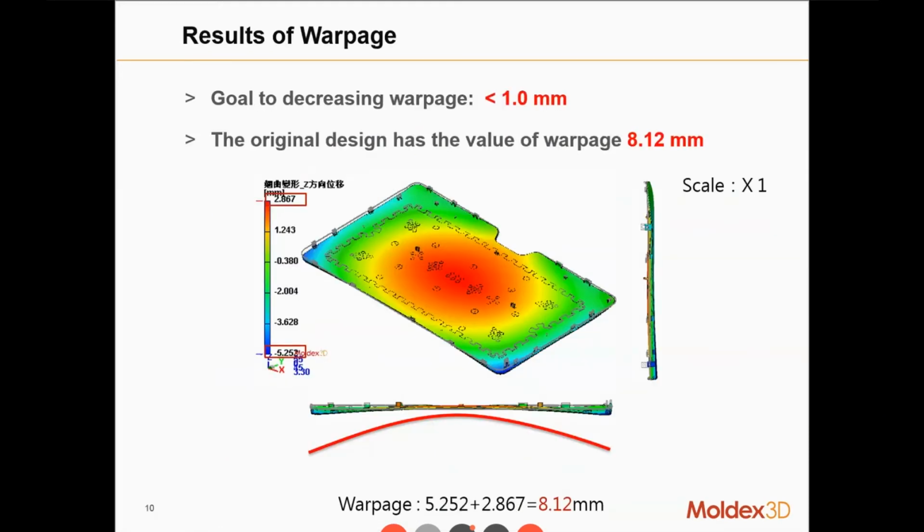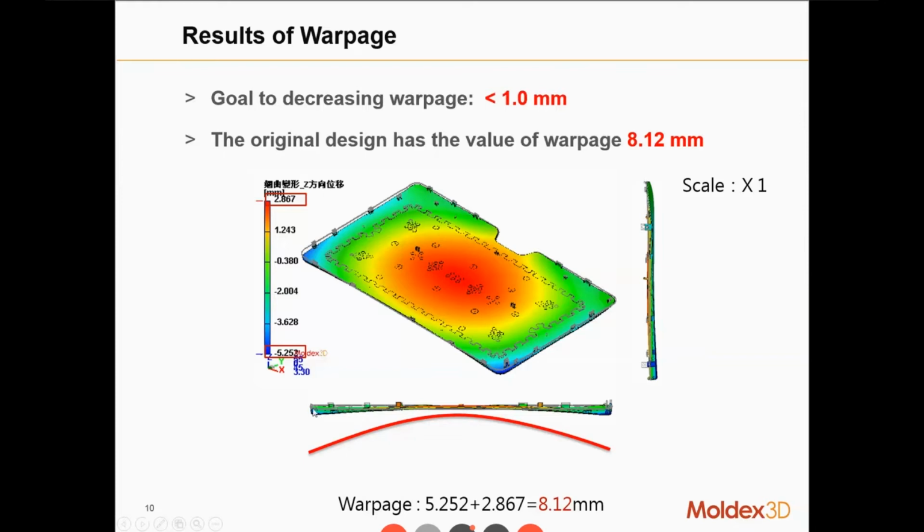This is the layout of the hot runners and cold runners, and also the cooling channels. In the original design, the warpage value was approximately 8 millimeters. Because the aluminum insert is in the middle of the part, the middle region is strong enough to resist the volumetric shrinkage.